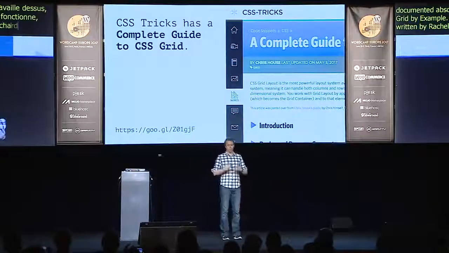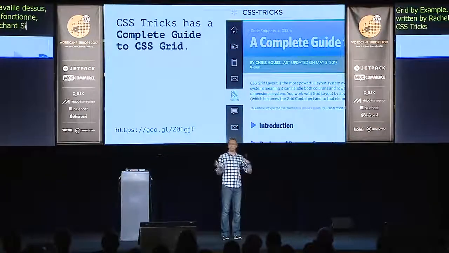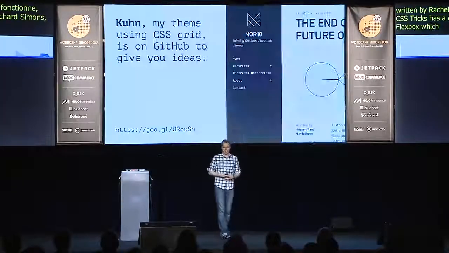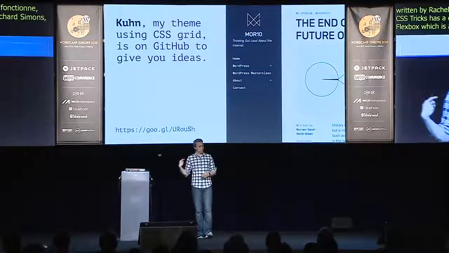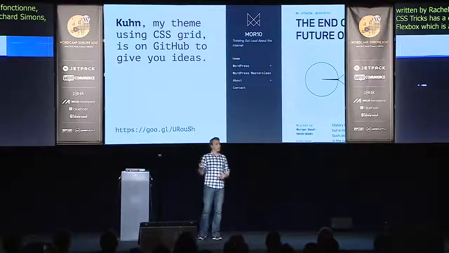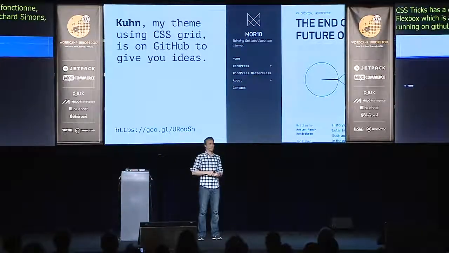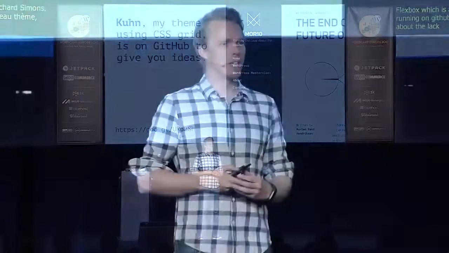CSS Tricks has a complete guide to CSS Grid, which is just like the complete guide to Flexbox, which is also the same content over again. Kuhn, my new theme, which is running on my website, is on GitHub, and you can go check it out, pick it apart, send pull requests, complain about the lack of internationalization. What you'll notice is CSS Grid respects text direction.